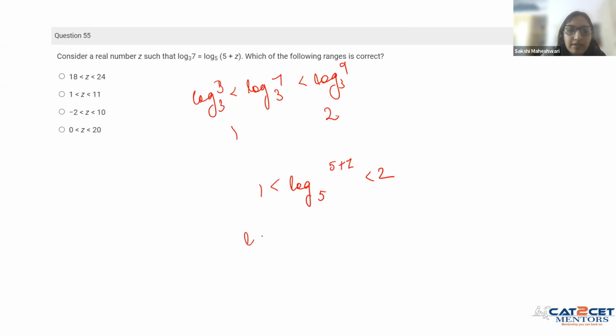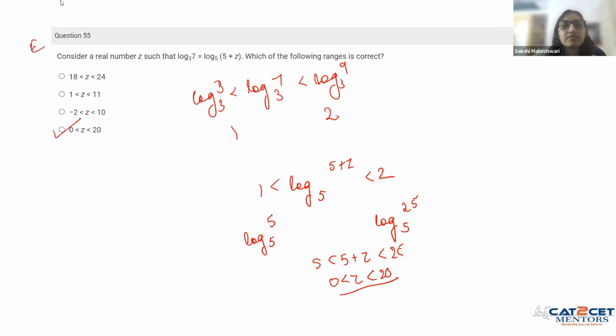So this gives me log base 5 of 5, and then 5 plus 5, 25. Easy. This is simple. You just have to match these conditions. This is a simple question. Don't get afraid by just seeing log and deciding not to attempt it. Just see once what it has asked.